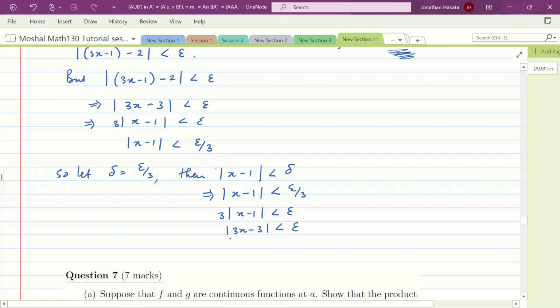And then modulus of 3x minus 1 minus 2 is less than epsilon. Therefore, the limit as x approaches 1 of 3x minus 1 is equal to 2. Proved. It's a two-way proof.